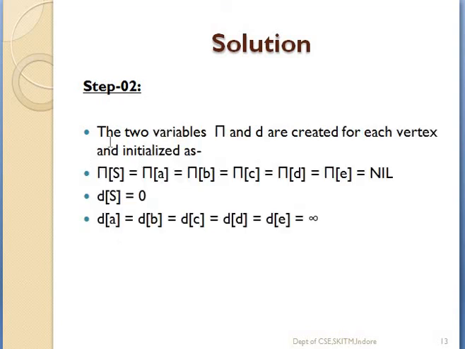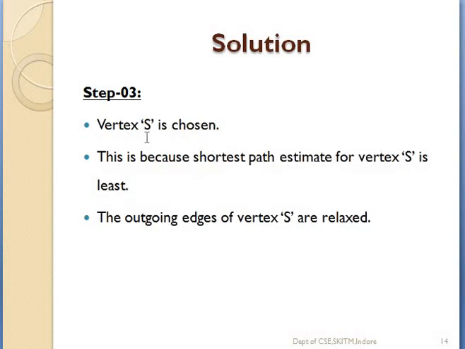For the solution, a variable d is created for each vertex. Initially the distance is 0 for the source, and for the remaining vertices it is infinite.